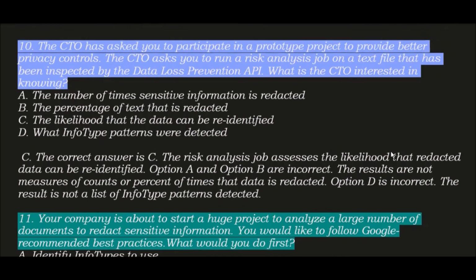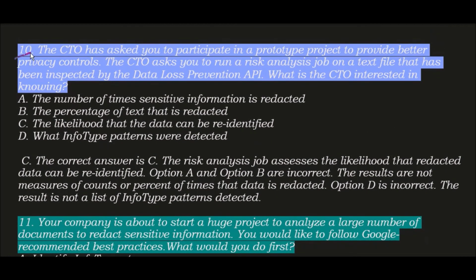Okay, next question. The CTO has asked you to participate in a prototype project to provide better privacy controls. The CTO asks you to run a risk analysis job on a text file that has been inspected by the Data Loss Prevention API. What is the CTO interested in knowing?